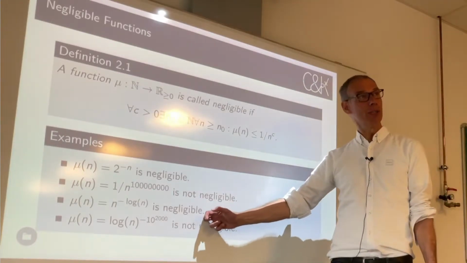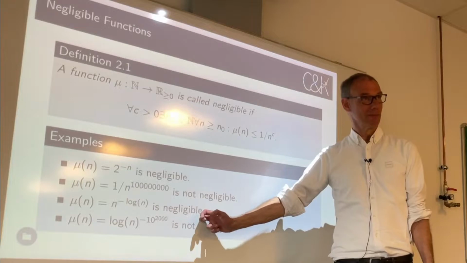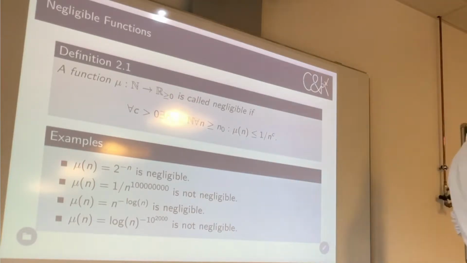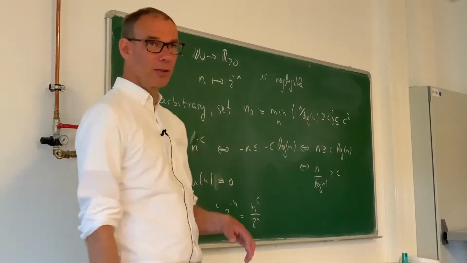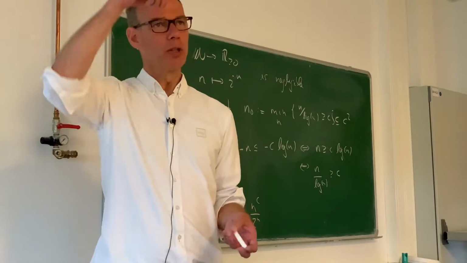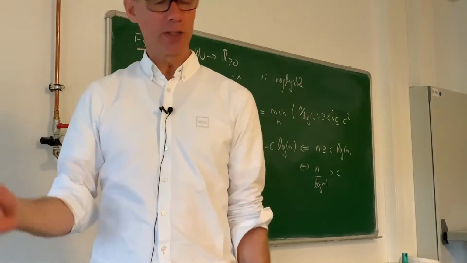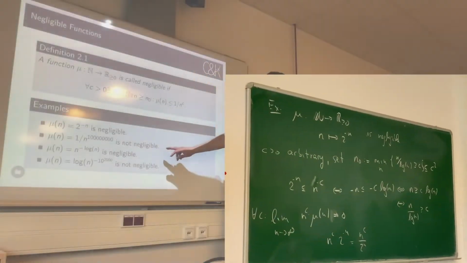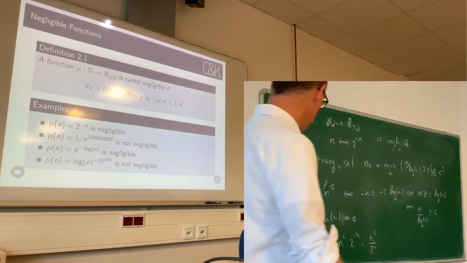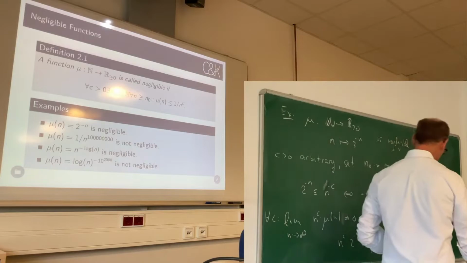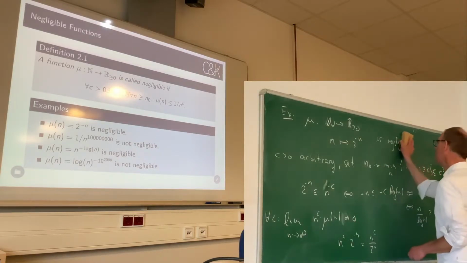This here is a more interesting case, because sometimes people tend to think that, to be negligible, we have to have something like 2 to the minus n. That's not true. This here is good enough to be negligible, and I'll prove that briefly using this limit stuff.